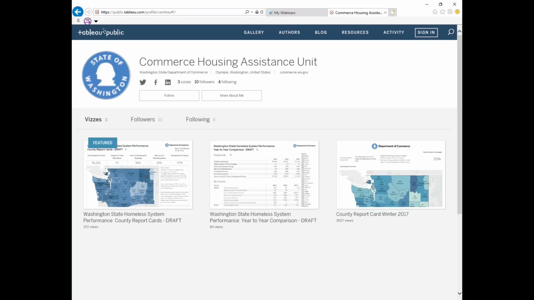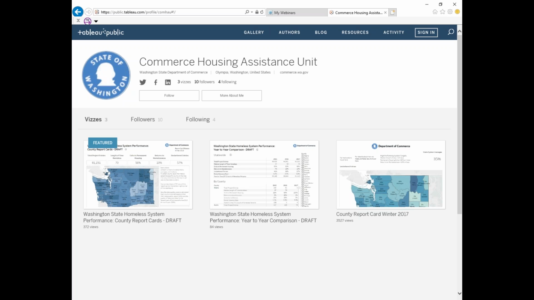So we're going to start small with that. We are going to first do a rapid rehousing dashboard for the balance of state and Yakima that will have project level performance data. So we're going to roll out these project level performance reports starting with balance of state and Yakima and rolling it out by project type.